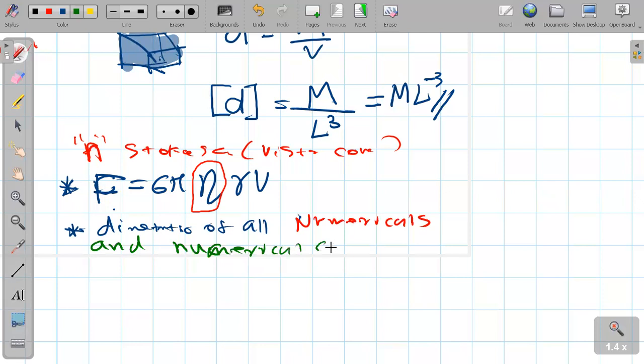Numerical constants are always what? Always equal to 1. Not 0. It's always going to be 1. This is something you have to know.